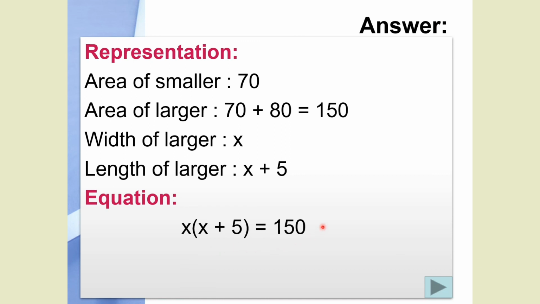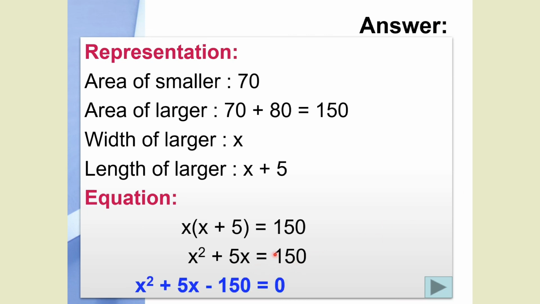Paano nagawa ang equation na ito? Since we are talking of area of the rectangle, length times width. So ang length ay x plus 5 at ang width ay x and the total area is 150. Then, using distributive property, x times x ay x squared, x times 5 ay 5x equals 150.